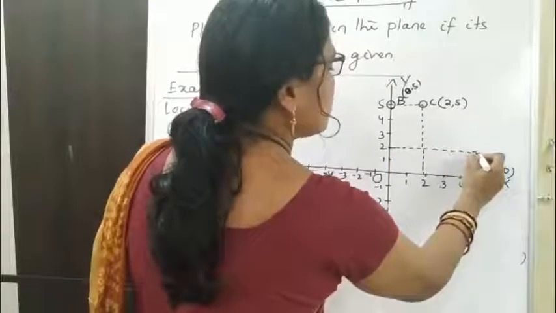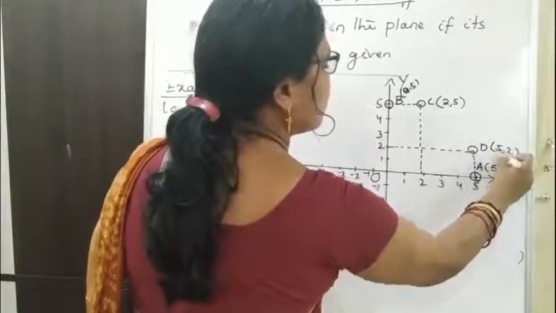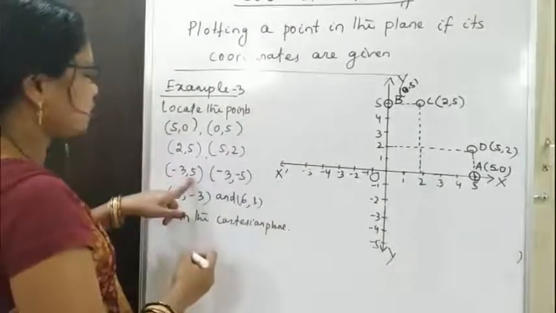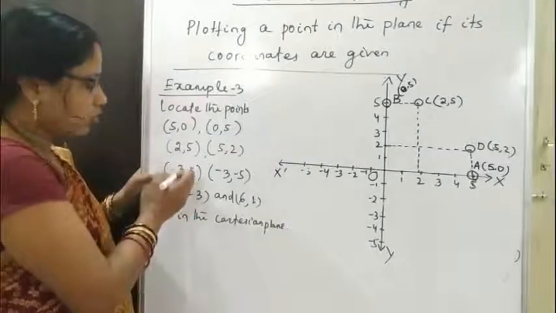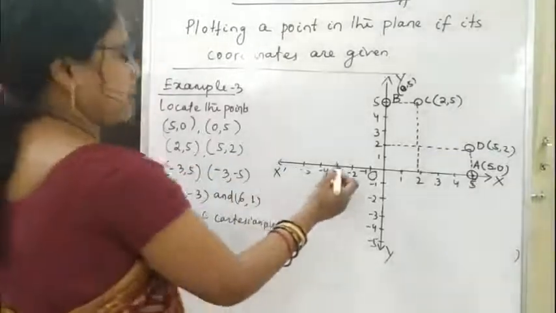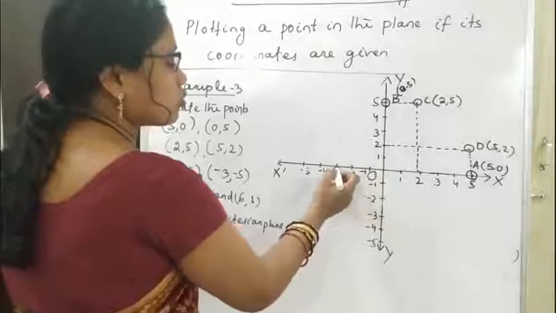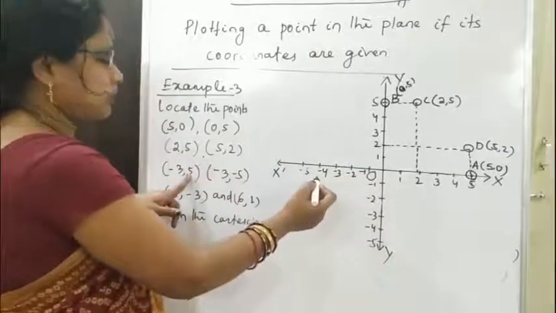So this point is our D, (5, 2). Then (-3, 5). So -3 is the x coordinate. So we have to move along the x axis in the negative direction: -1, -2, -3. Then the y coordinate is 5 but in the positive direction.